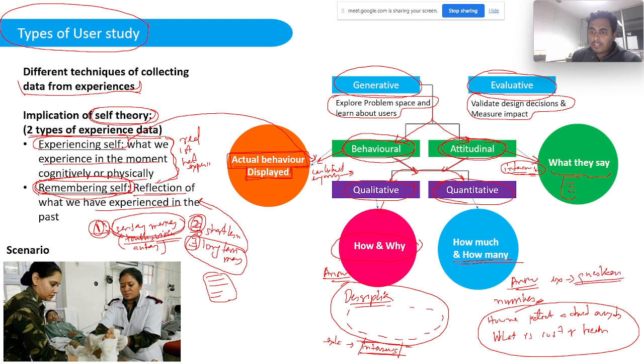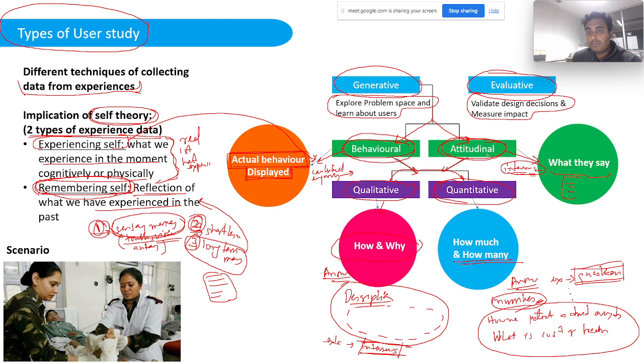Generally you ask such kind of questions through a questionnaire, which is a fixed set of questions with very definitive numerical answers. Basically, we can have a behavioral technique with a quantitative data set as outcome, as well as a behavioral study with a qualitative source of data as output.